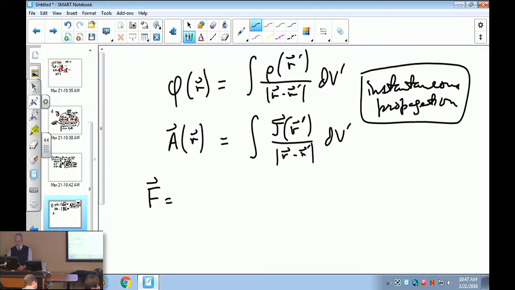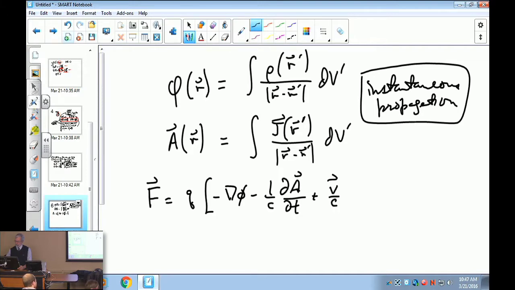And then if I have a test charge in the presence of a phi and A, then there will be a force present on it, V over C cross curl of A. This is the Lorentz force.